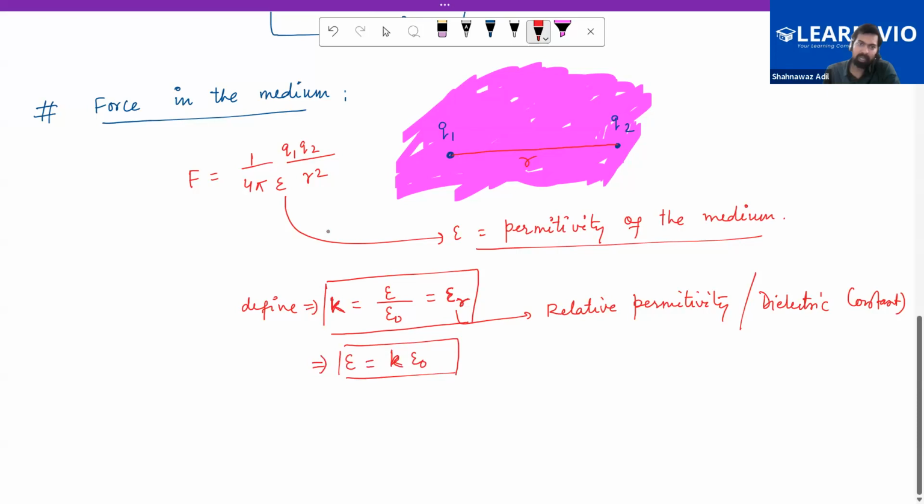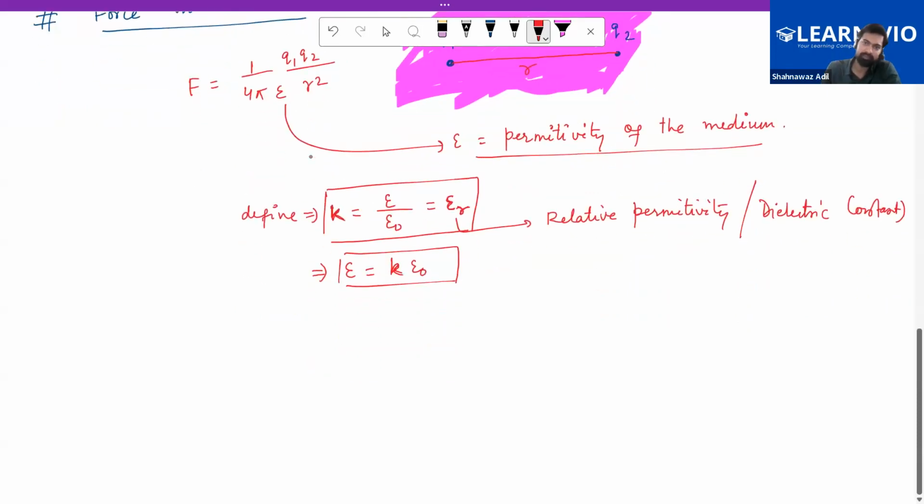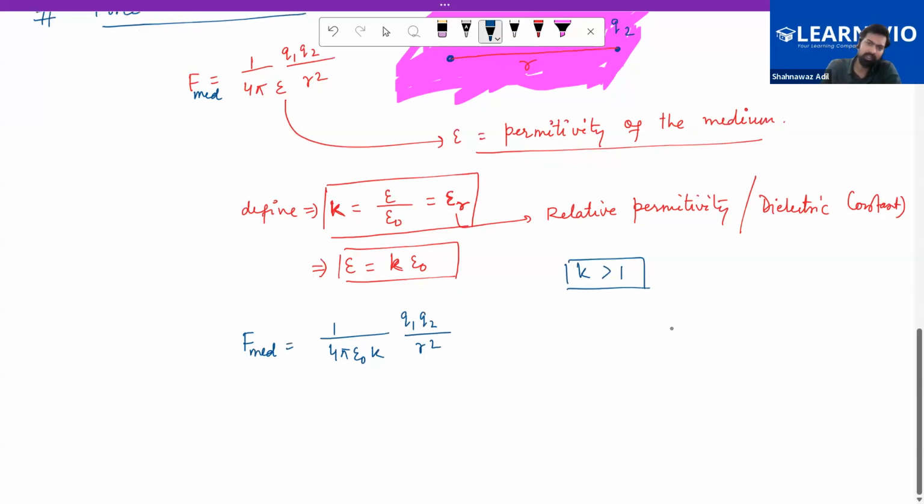And if I put this back in this one, what will I get? This is F medium, right? So F medium is 1 by 4 pi epsilon naught K, and then Q1 Q2 divided by R square, right? And this K is always greater than 1.